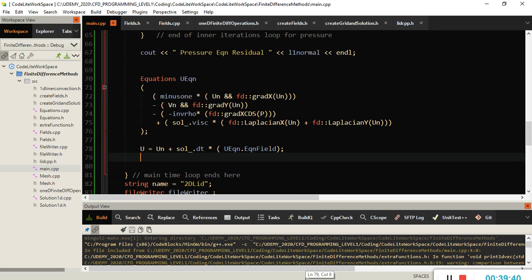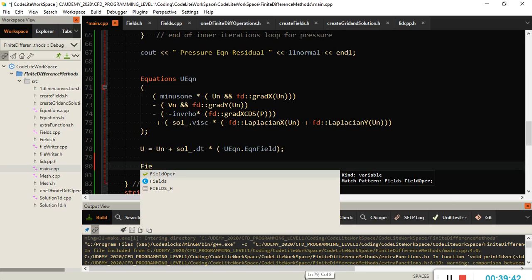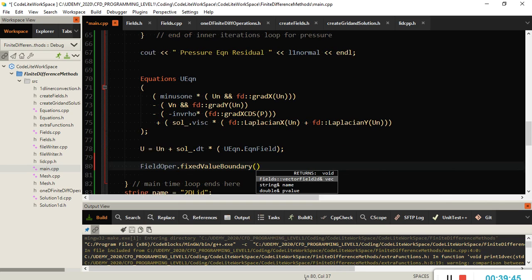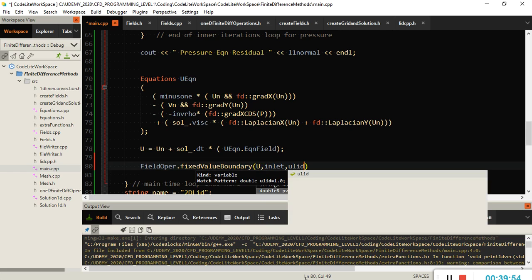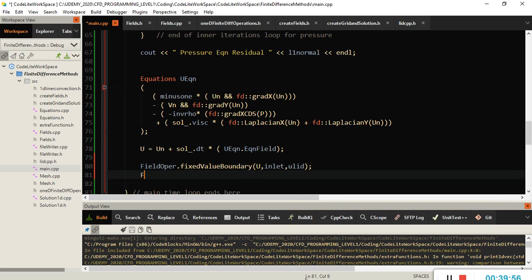Then we called for the boundary conditions. So field upper dot fixed value boundary u inlet and value of u lid. Everywhere else zero value.